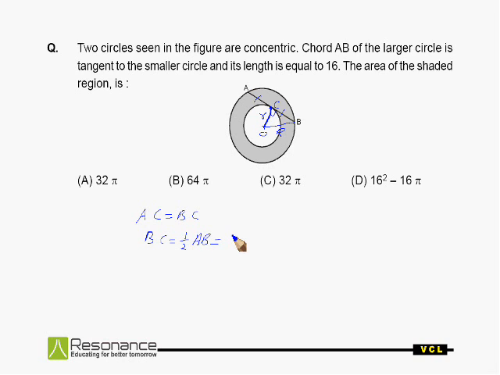As the length of AB is 16 unit, BC is half of 16, that is 8 unit.